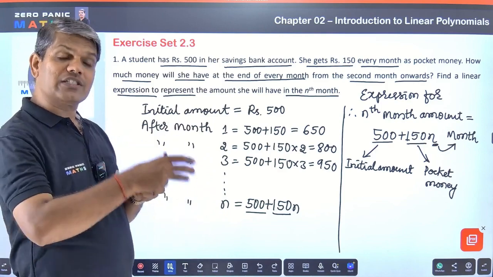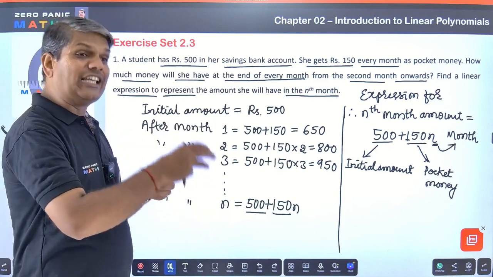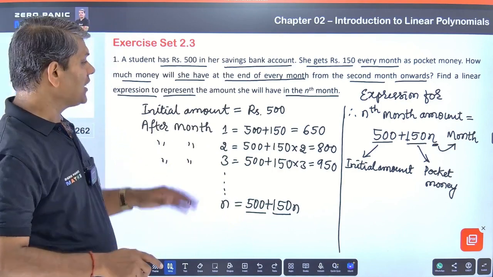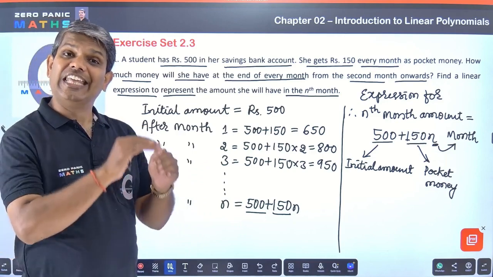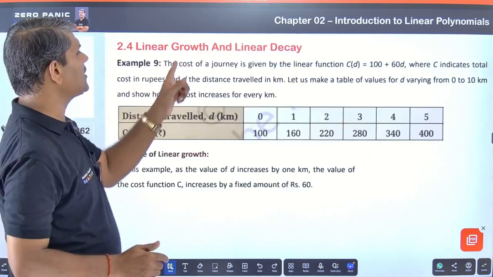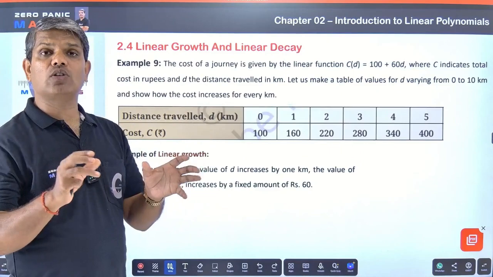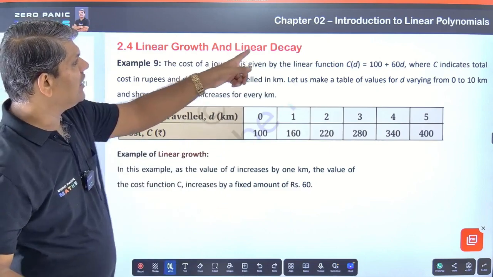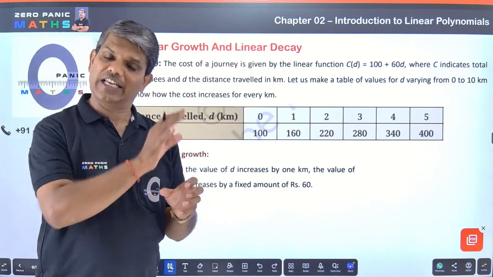And if a constant amount is getting decreased after every fixed duration, then that is called linear decay. So in linear growth, a fixed amount of value is increased in a linear fashion, and in linear decay a fixed value is decreased.